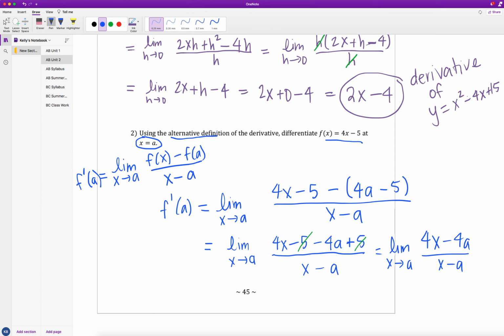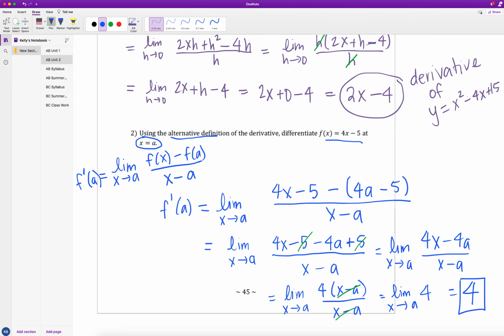Our goal is ultimately to directly substitute if I can, but again, I'm still left with 0 over 0. So the last thing I can do is factor out a 4, since both the 4x and the 4a have a 4 in common. What that leaves me with is 4 times x minus a over x minus a. So the x minus a's will cancel, and we're left with the limit as x approaches a of 4.